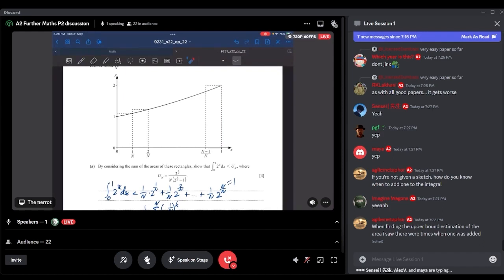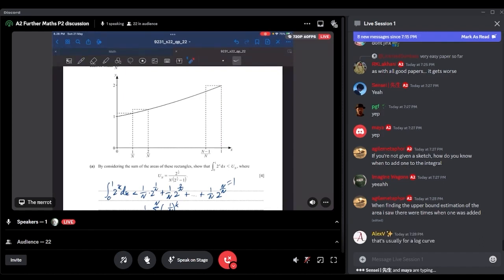Oh, okay. Because I don't remember doing that, I never really memorized those. I just sketch the graph and just find it. If there's no sketch, then I'd say you just sketch it on your own. That should be fine.